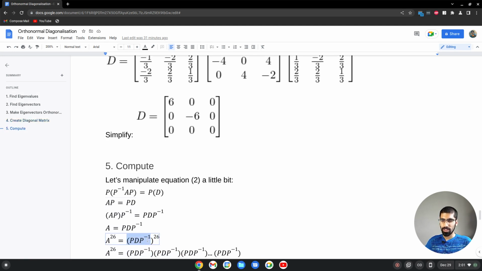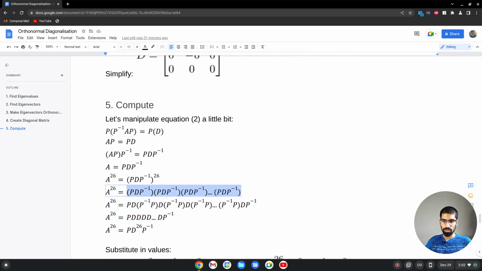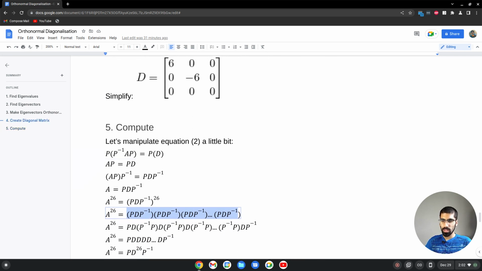So if we expand this a little bit, we have these repeated PDP inverse terms, 26 of these in particular, I didn't write all 26. We can see that we can rebracket things, in particular these P inverse P terms, which will quote unquote cancel out.